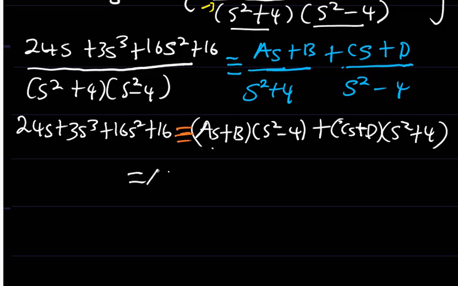Expanding this, I'm going to have ax cubed minus, of course, 4ax. Then I have bx squared, then minus 4b.